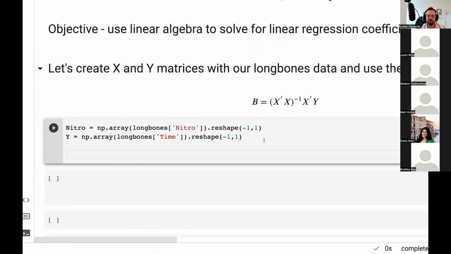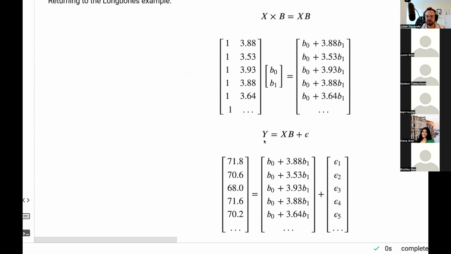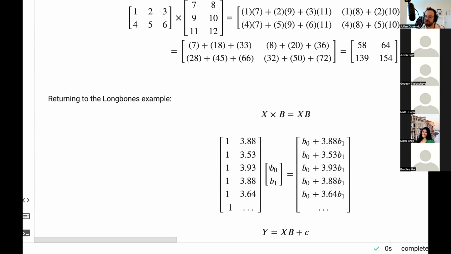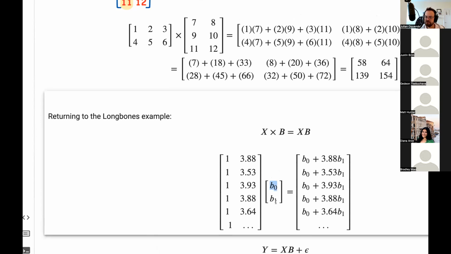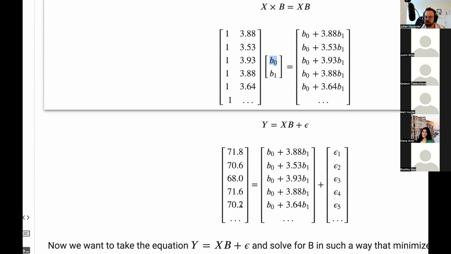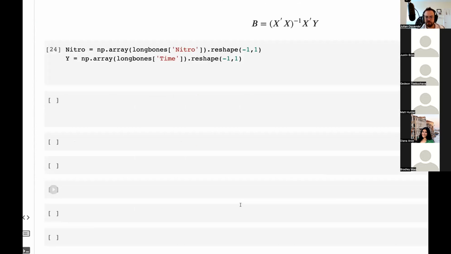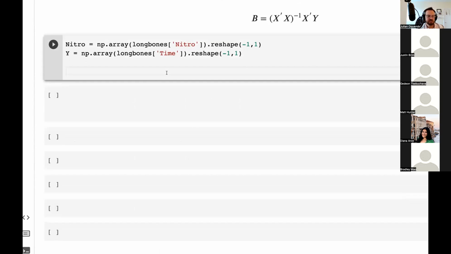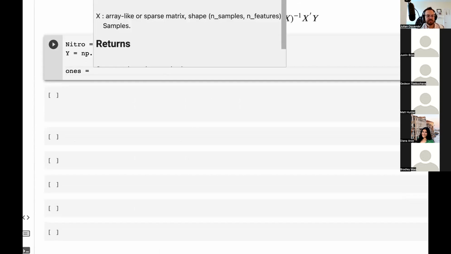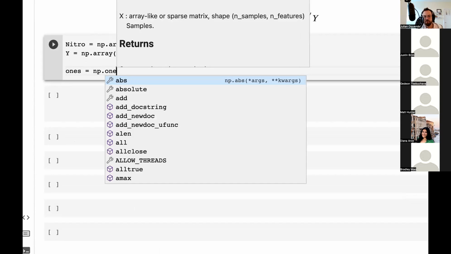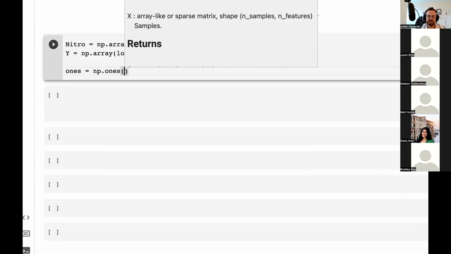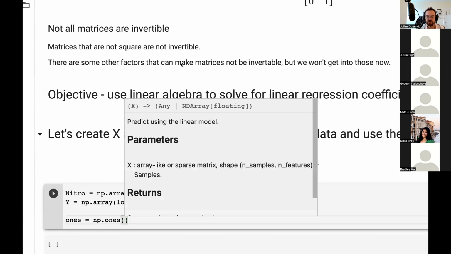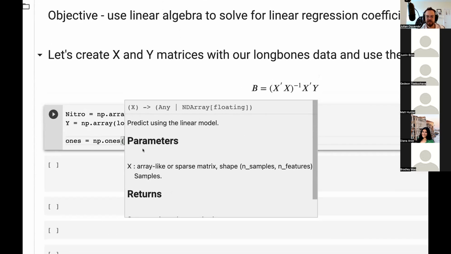Finally, remember that as part of our original matrix, we need to have something for our intercept. So we need to introduce a bunch of ones into our X matrix. The ones can be created using the NumPy function for ones, which will return an array of ones for as many values as you want.